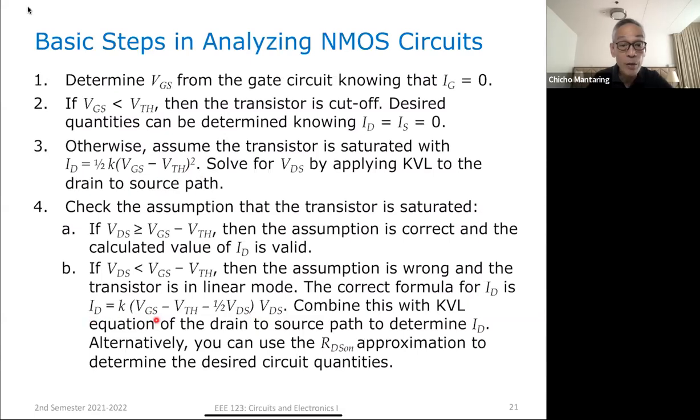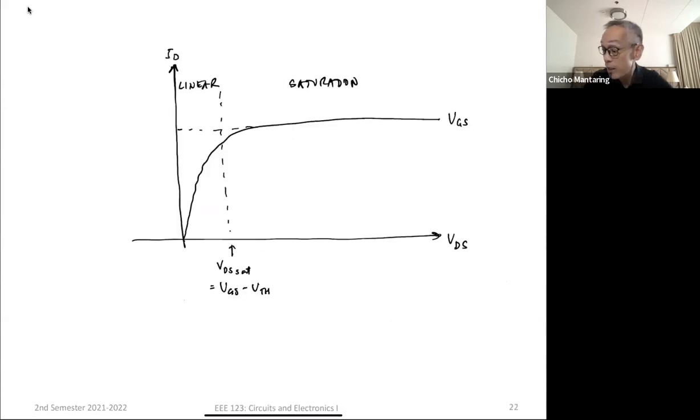Problema lang nitong equation na to, the drain current now depends on two things. It depends on VGS, and it also depends on VDS. So if you take a look at this, the value of ID is now also a function of VDS. Of course, it is also a function of VGS.